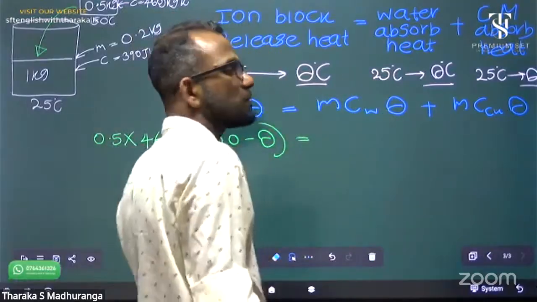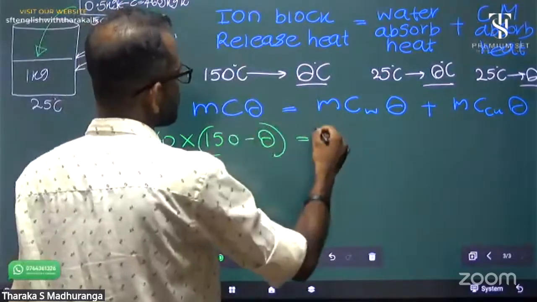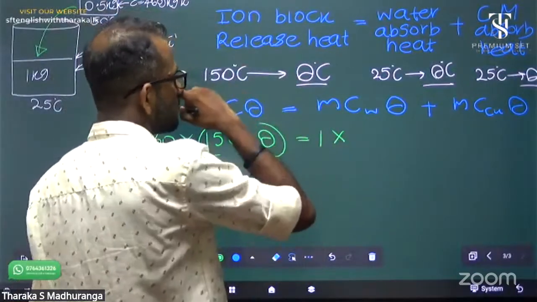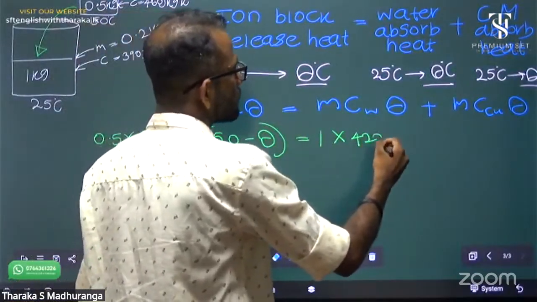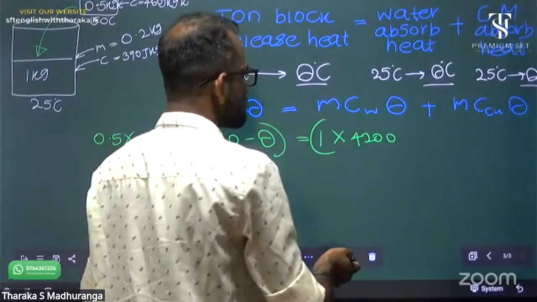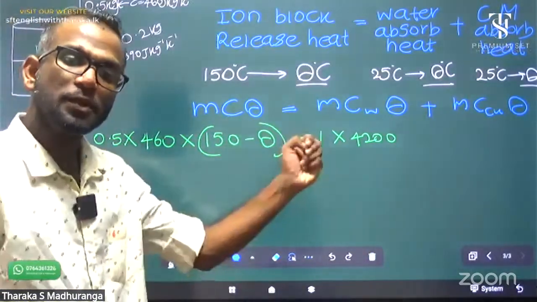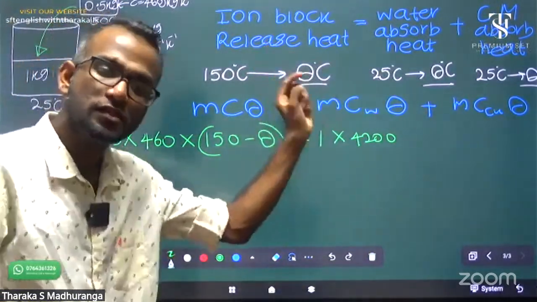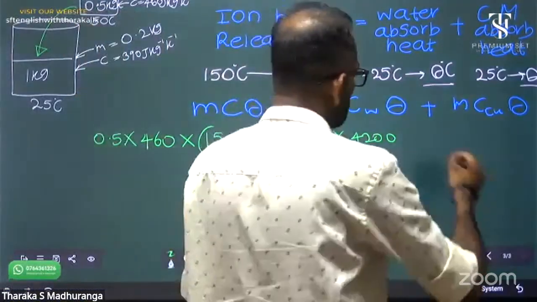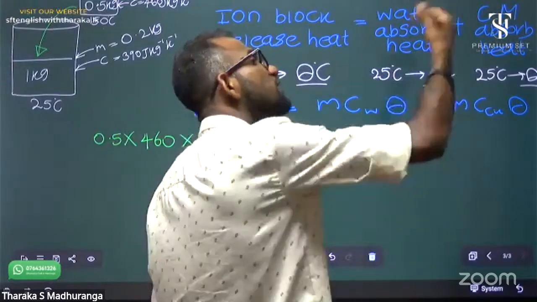Mass of water 1 kilogram. Specific heat capacity of water 4200. Temperature difference of water: theta minus 25, because the water temperature is increasing up to theta.